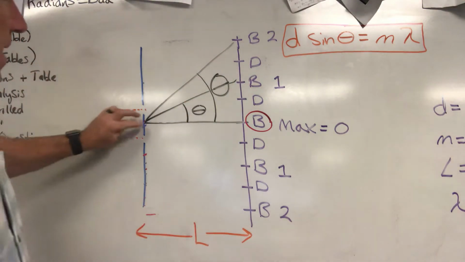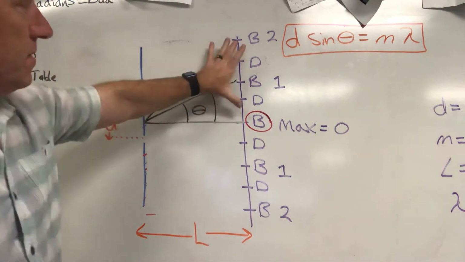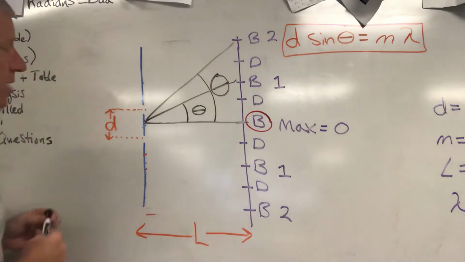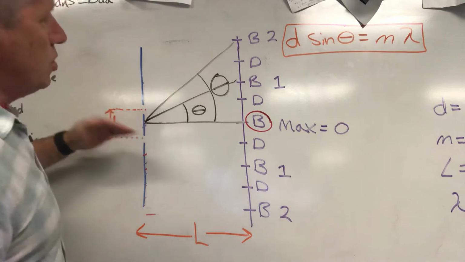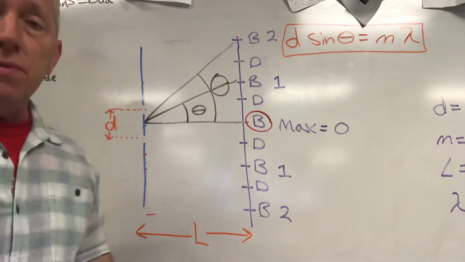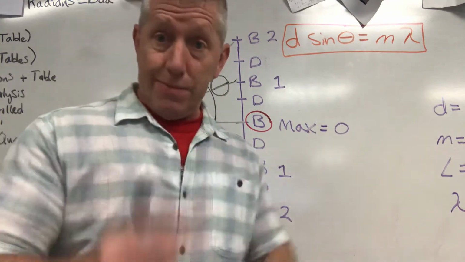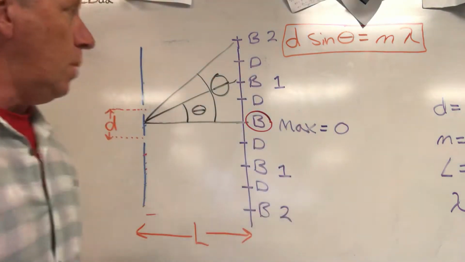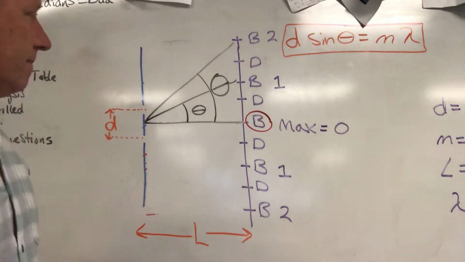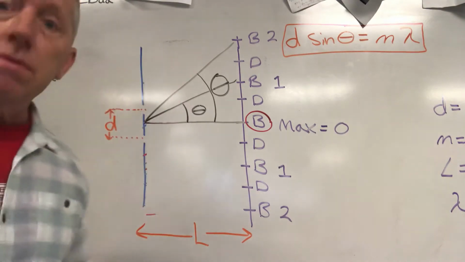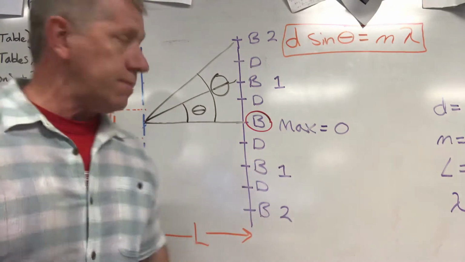So the sine of the angle is measured from the center of the two slits to whatever bright spot or dark spot. You can do this with dark areas as well. I keep saying dark spot, oxymoron. So that is how we measure that angle, from the center of the slits to whatever spot you're looking at.